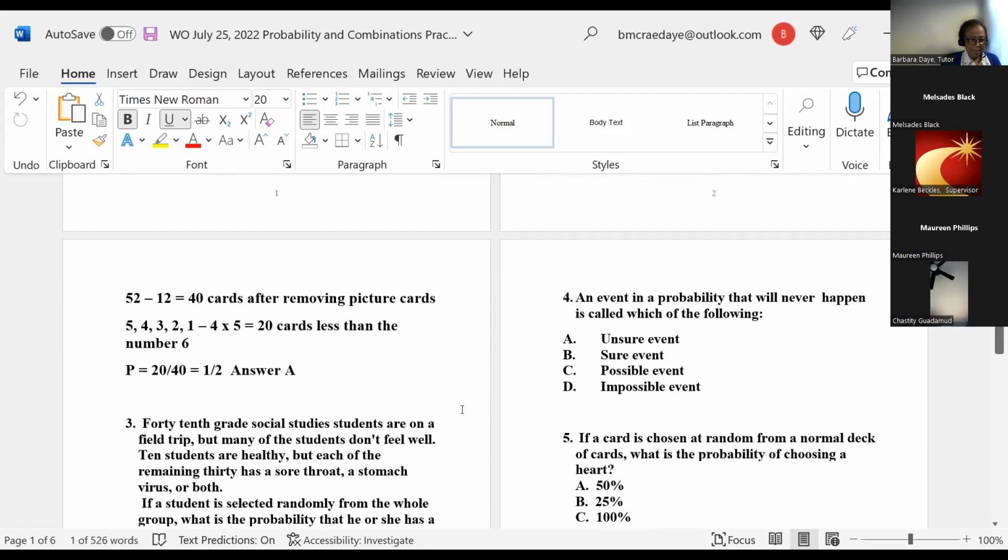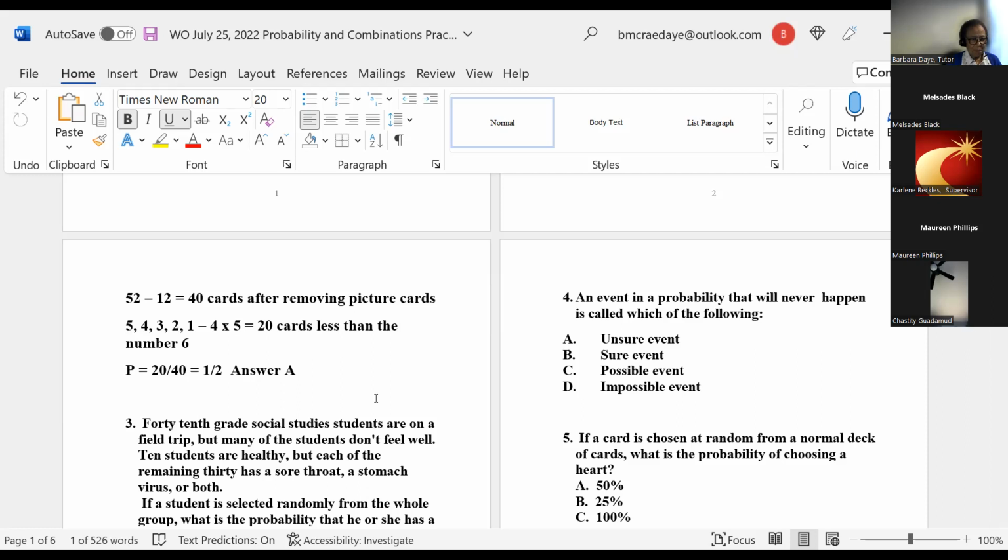Okay. Keep going, Maureen. So then it becomes 5, 4, 3, 2, which is 4 numbers. Well, actually, it's 5 numbers: 5, 4, 3, 2, 1. And here again, 4 suits again. Right. So then you multiply the 4 by the 5, which is 20 cards less than the number 6.